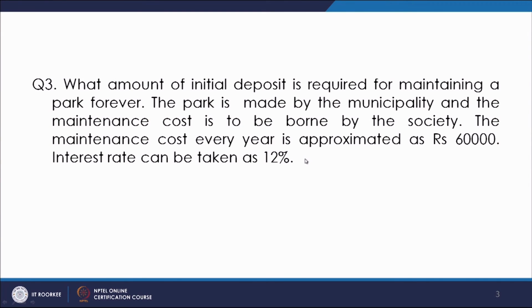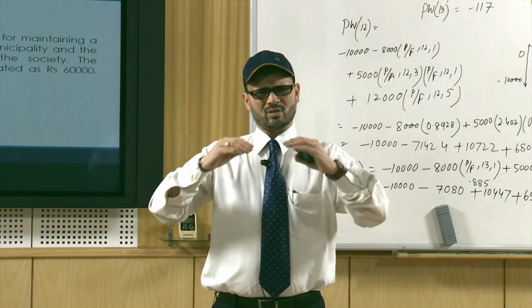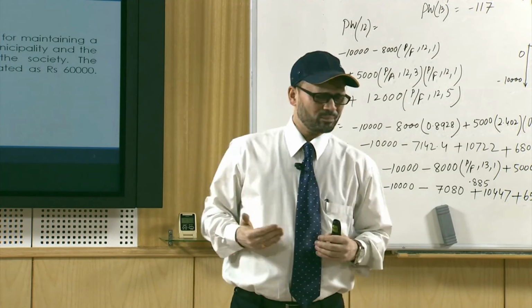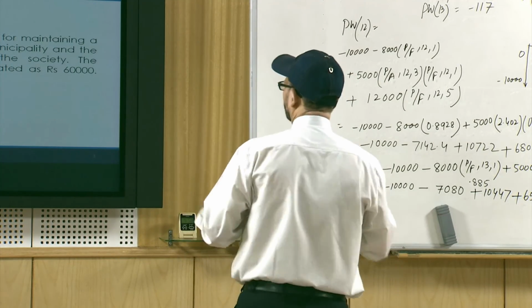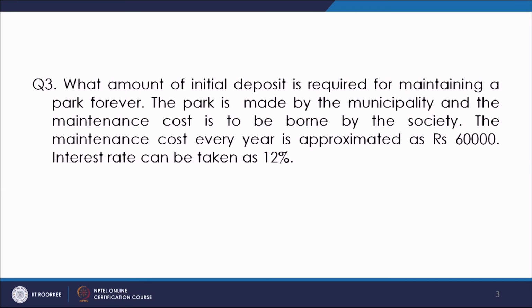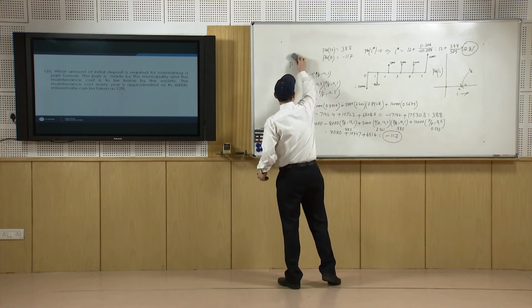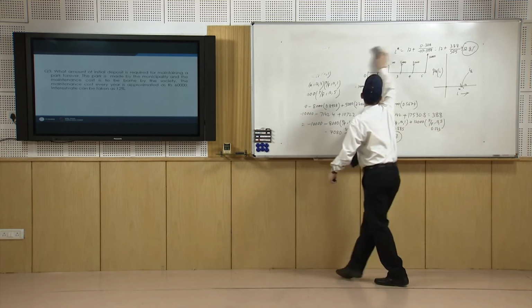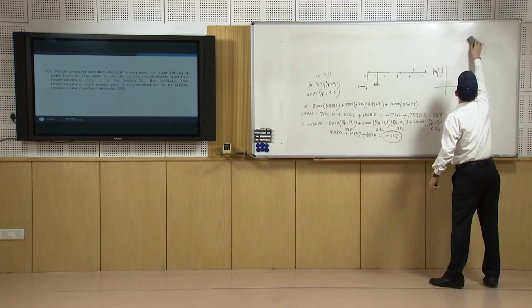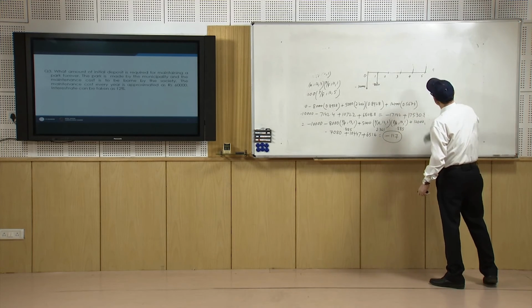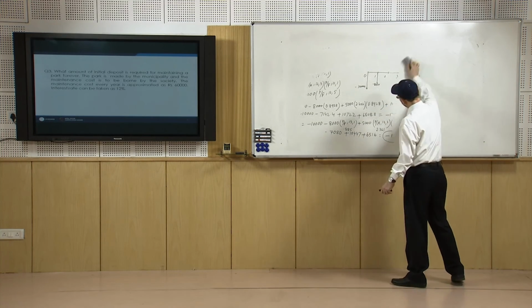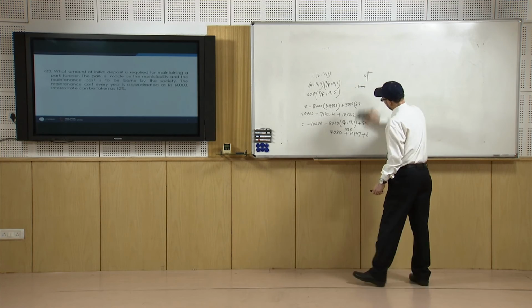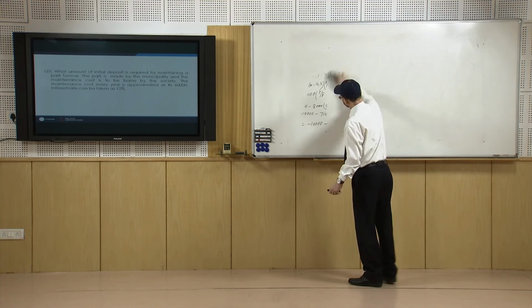So, this is a case of perpetuity type of cash flow where you need this amount forever. So, we will use the capitalized equivalent concept to find the initial deposit for such cost which have to be incurred every year for maintaining the park.